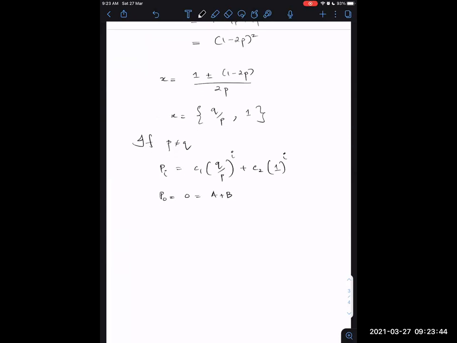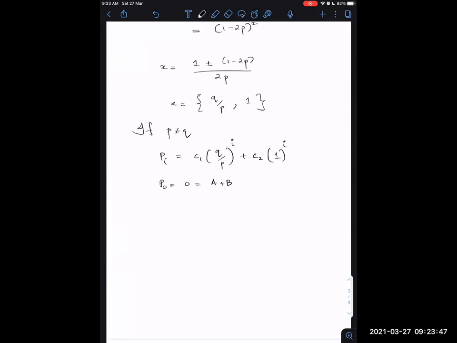So you just substitute for i in the above equation, C1 plus C2, and Pn is 1. And what you have is C1 times (q over p) to the power n plus C2.